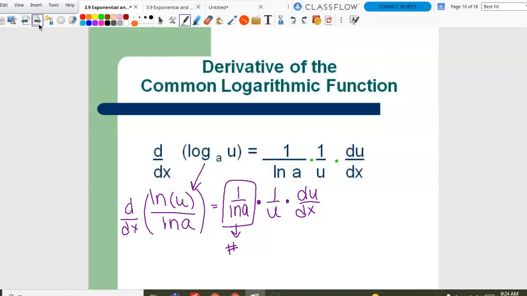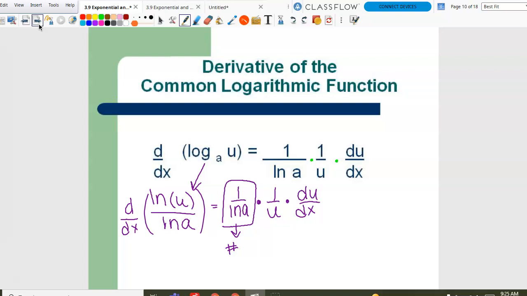And then if you want to get rid of your fraction in a fraction, you multiply by its reciprocal. That would give 1 over ln a times 1 over u times u prime, or again, 1 over ln a times u prime over u. And if you think about this, what does that represent? The natural log of u, or du over u. Yep.